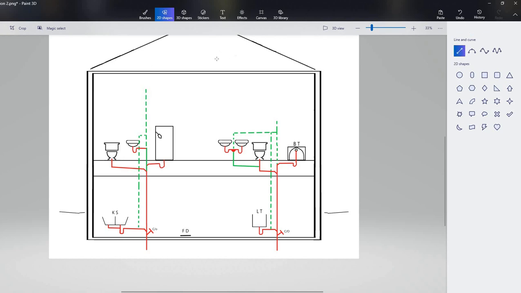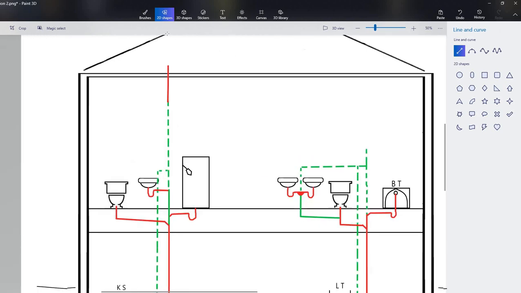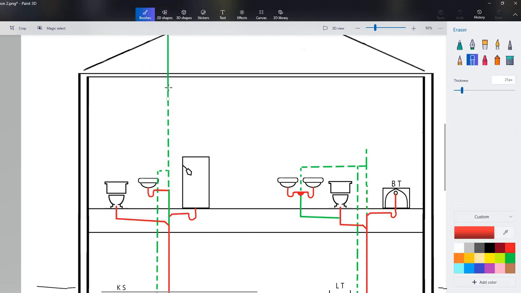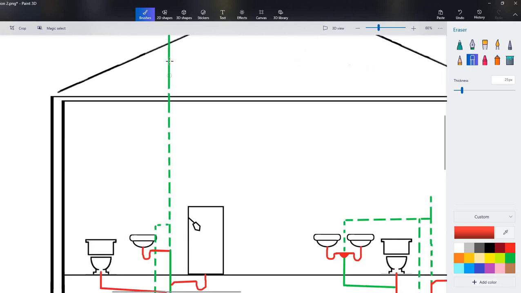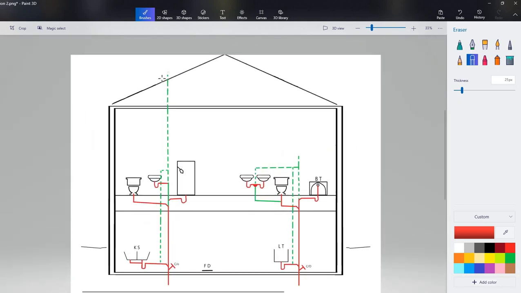And so that means I'm going to continue this up all the way through to open air like so. Turn that green and erase it to make it look like a vent. There you go. Terminating to open air, at least 3 inch.